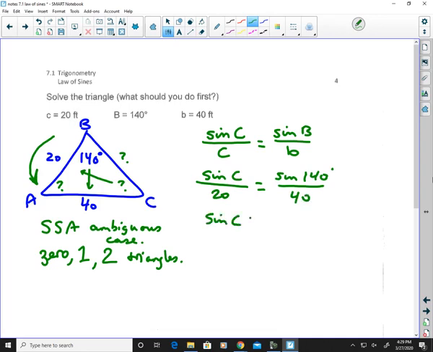Sine of C is equal to 20 sine of 140 over 40. Sine of C is equal to, let's see what that number is.